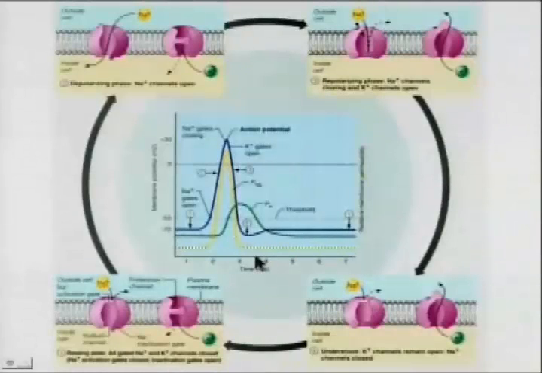So first, let's think of the voltage-gated sodium channel starting here at number 1. It is closed because the membrane is at resting membrane potential here. So there's no sodium influx, no potassium efflux, although I think they're showing permeability. But as permeability increases, there'd be potassium efflux, and as the permeability of sodium increases, there's going to be sodium influx.